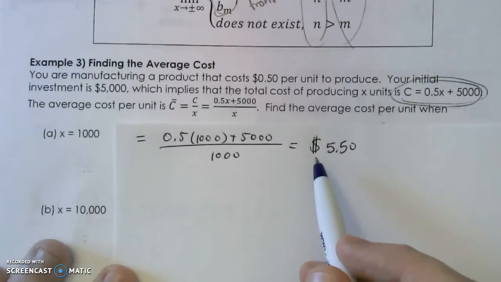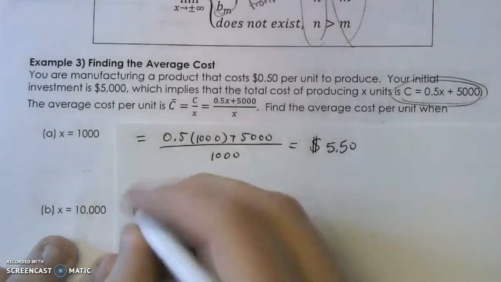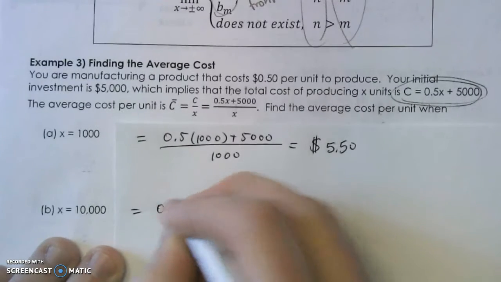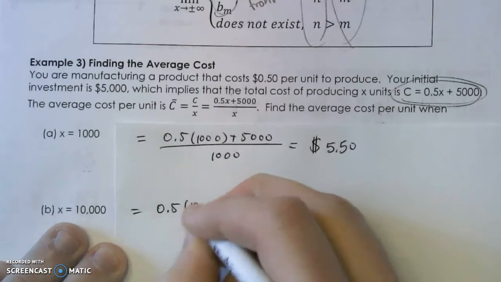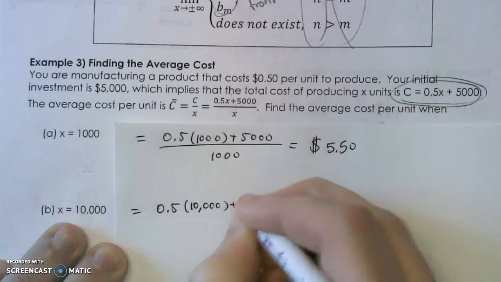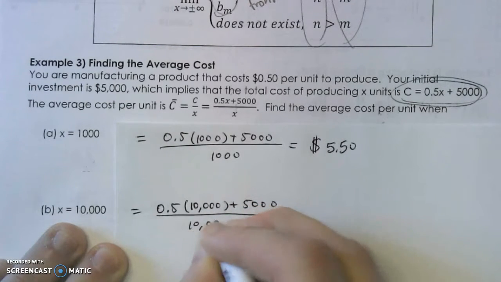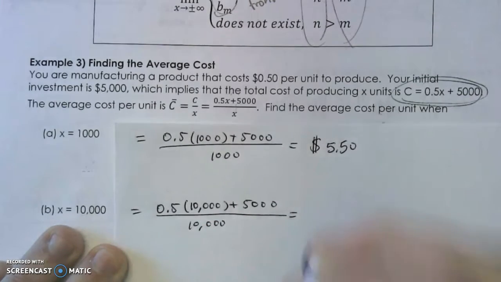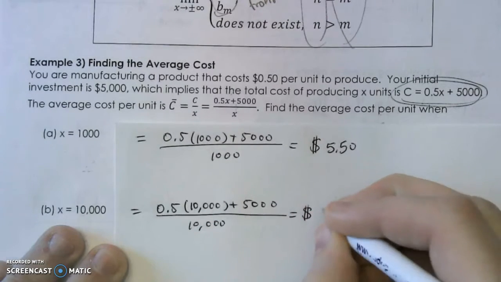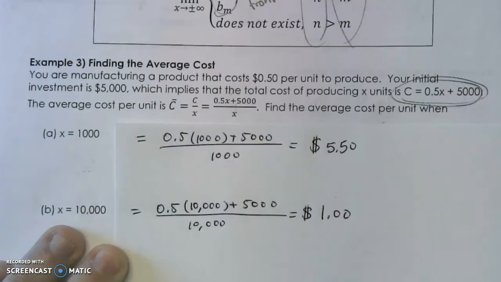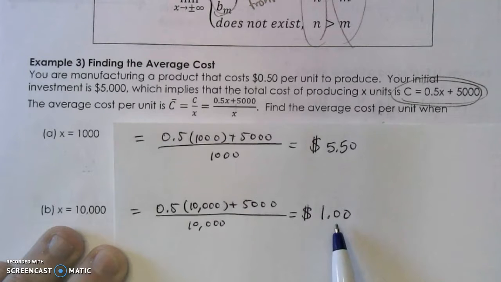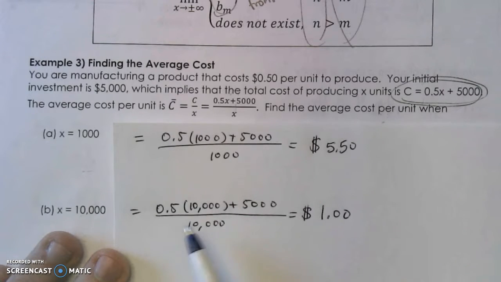So what if we can up our production to 10,000 units? We plug in 10,000. And we see here that really lowers our cost down to $1. So if I'm selling my product for $10, now I've just made $9 profit on each unit that I've made. Well, then why stop at 10,000?